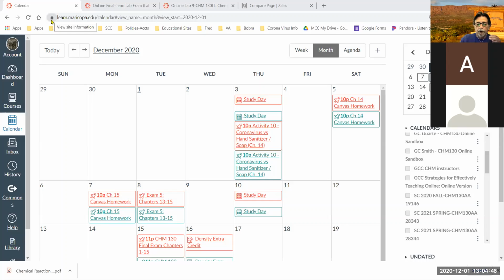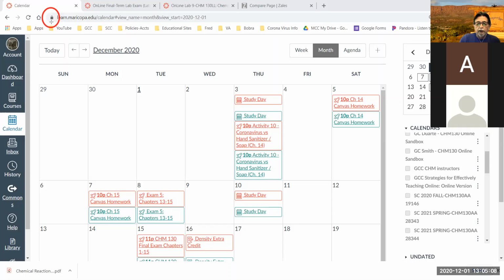If you can see where I pointed the mouse, let me highlight that. If for some reason you click the link and it doesn't allow you to run the simulation, I included information on how to make sure you can get it to run.